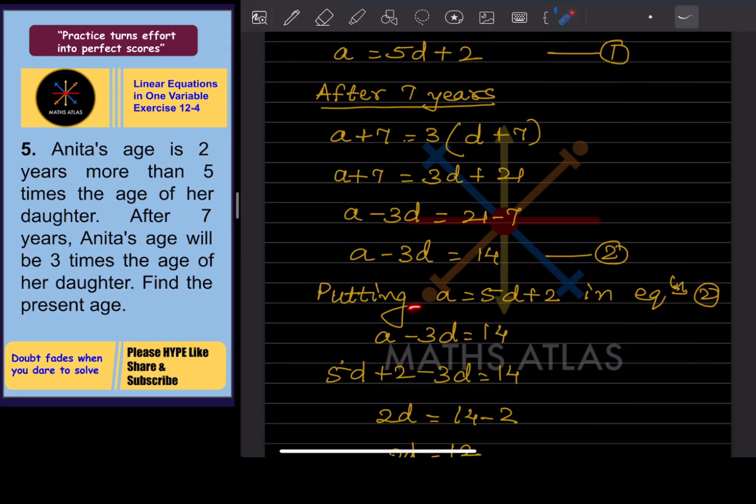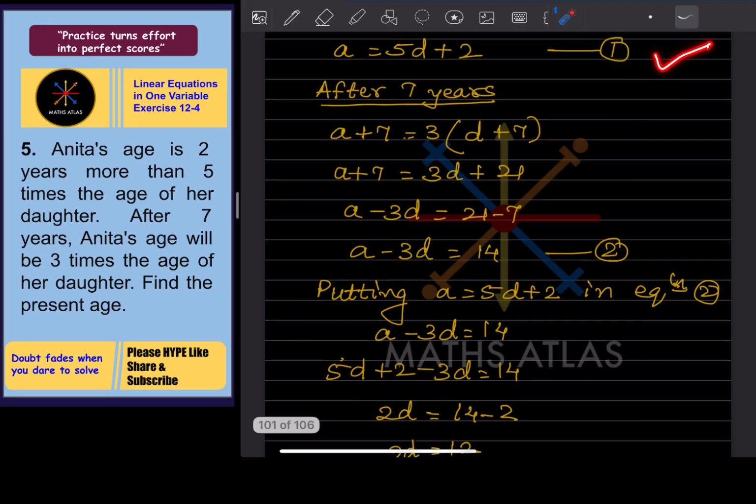So putting A is equal to, or we can write substituting or putting, both the words are the same, A is equal to 5D plus 2 in equation number 2. Because you got here A is equal to 5D plus 2. So in equation 2, wherever you see that A, you're going to put 5D plus 2 minus 3D is 14.